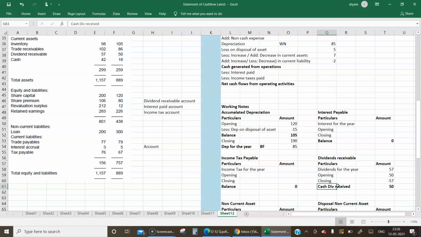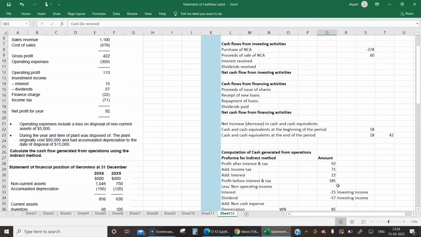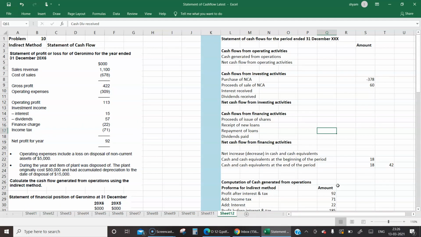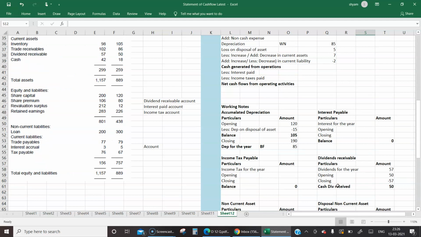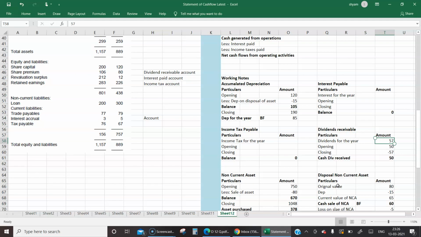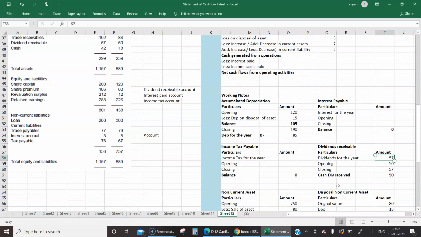So we'll go to the dividend received part and put this first. Dividend received for the year is 50, and it's a cash inflow. So dividend is over, we'll go to interest accrued.